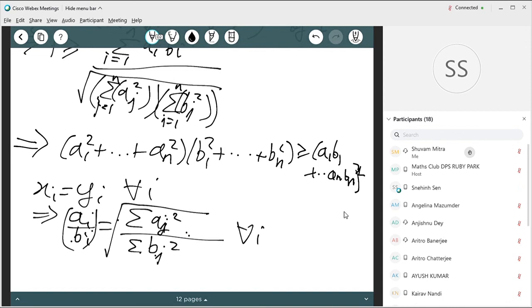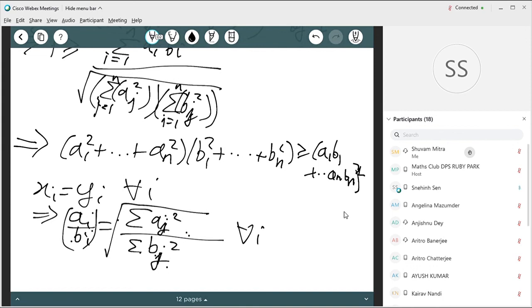Is it ai or bj? Yeah, it's bj over here. The RHS is j. It doesn't matter actually. The reason I'm using j and i is because these two are independent of each other. This is a constant that does not vary with our i, it's not dependent on i.